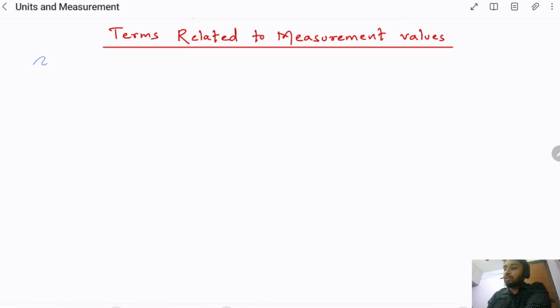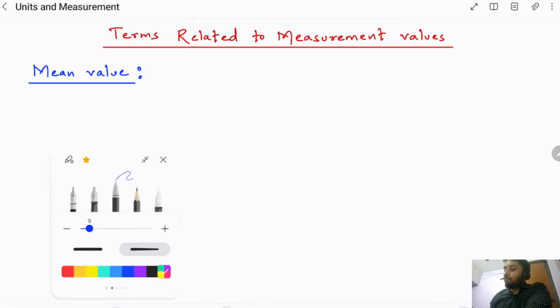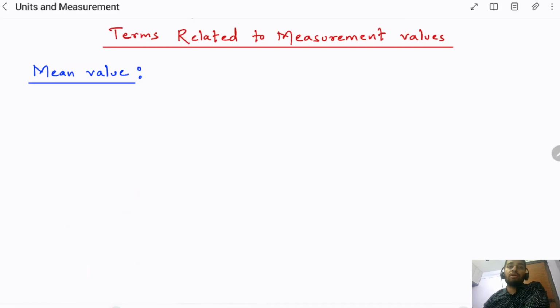The first term is mean value. Mean value is the average of all the measured values. As I told you, in any experiment we don't conduct the experiment just once, we conduct it many number of times.